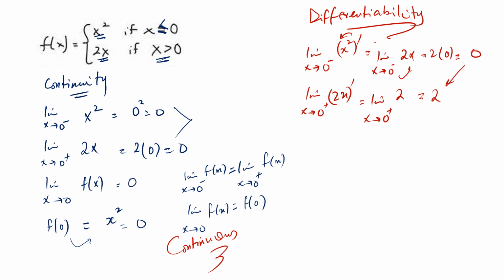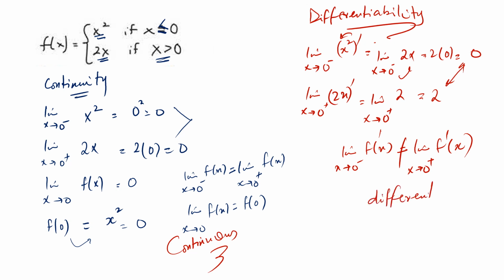So you can see that the left hand side derivative is not equal to the right hand side derivative, which means that the function is not differentiable. So this is how we understand differentiability and continuity together.